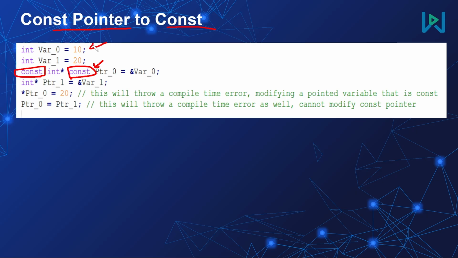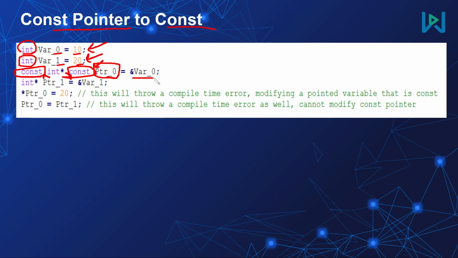Here I have defined two variables, variable 0 and variable 1 of type integer, and have initialized those variables as you can see. Then I have created my first pointer, pointer number 0. This one is a const pointer and it is pointing to a const integer.